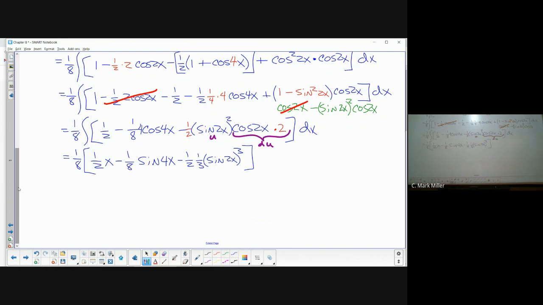Almost done. And one more line. This right here is 1/6, right? Minus 1/6. I got to distribute that 1/8 inside. So this is going to be 1/16 x minus 1/8 of 1/8, 1/64 sine 4x.